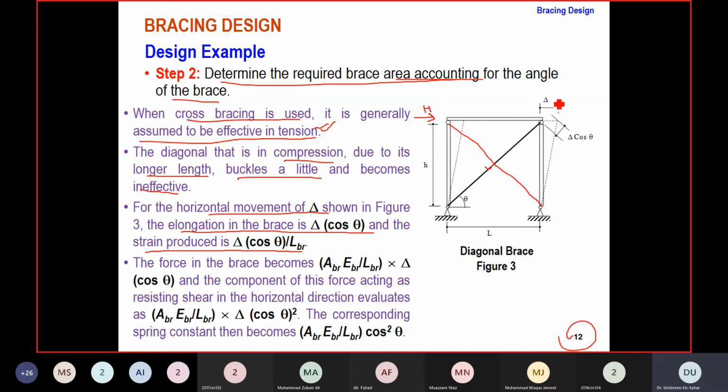It will be delta. If you want to transform this deflection into the direction of the brace itself, then you need the component of the delta in the same direction. This component of the delta, the lateral deflection in the direction of the brace itself, will be delta cos of theta. The angle is theta.